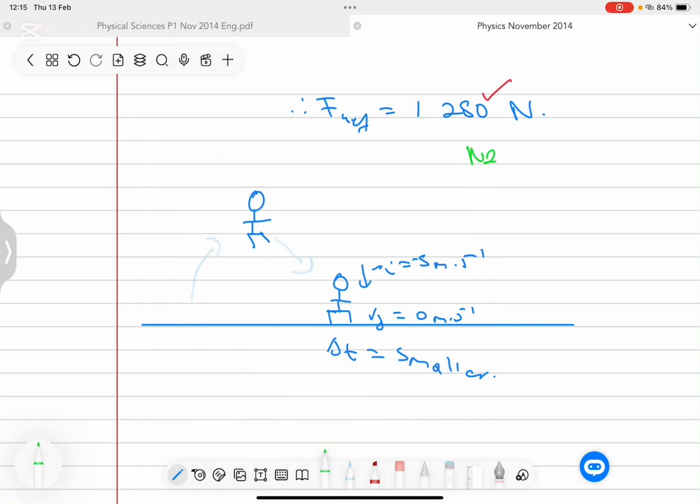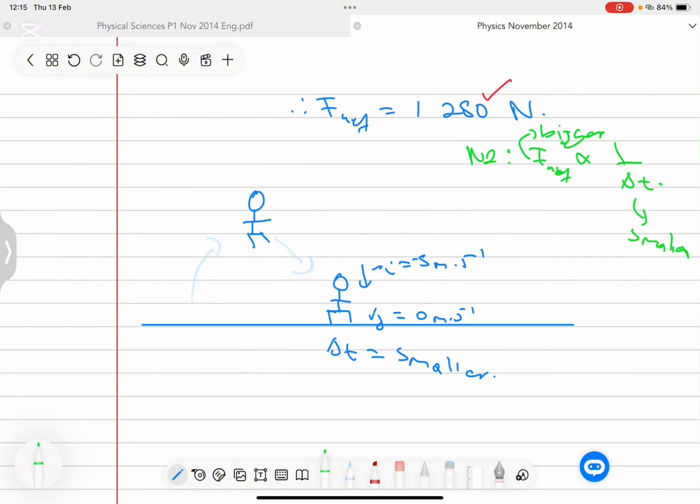If we look at N2, Newton's second law, we said that the net force is inversely proportional to the time. That means that when the time gets smaller, the force should actually be bigger. And that's what's happening here, because now if this person doesn't bend their knees, they'll spend a short time to stop.